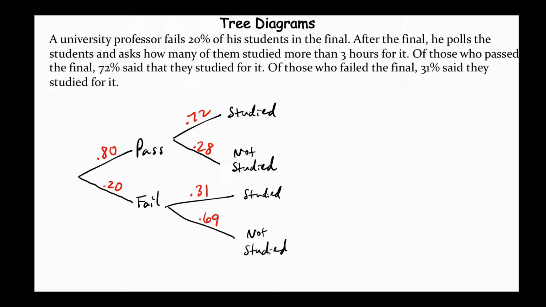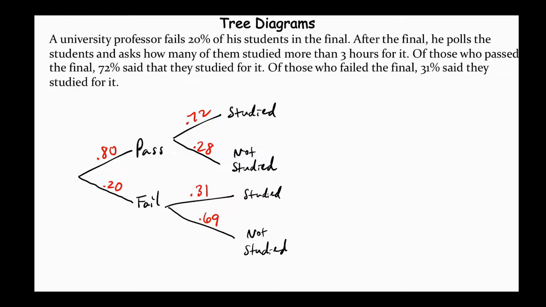I could pass, and I studied. So how many options is that? Only 4 options. There's not a 6th thing that could happen, right? You either passed or failed, and when you passed, you studied or you didn't study, or you failed and you studied or didn't study. So there's 4 possible outcomes.